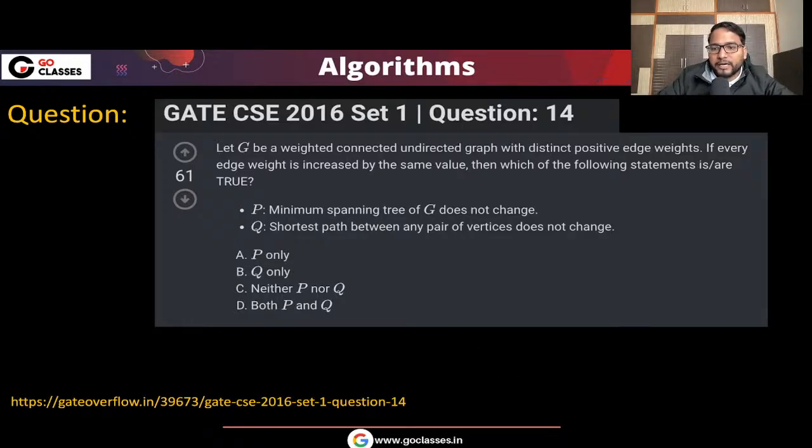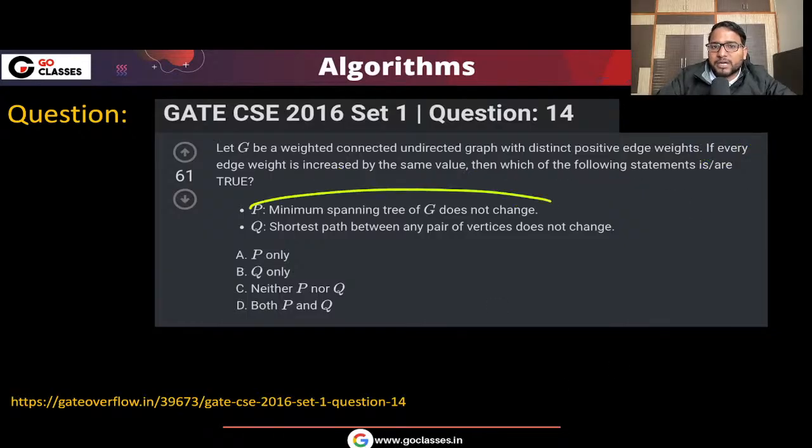We have a graph G, which is a weighted connected undirected graph with distinct positive edge weights. They are saying positive, that's good. If every edge weight is increased by some value, then which of the following is true?